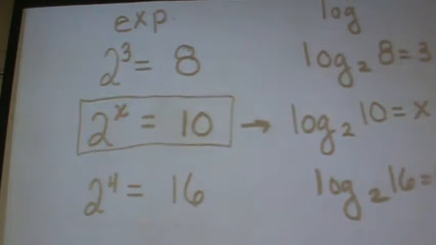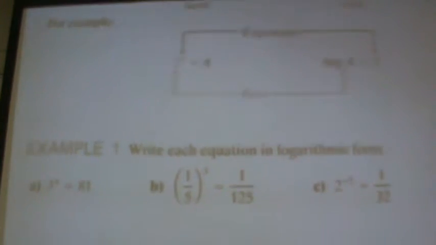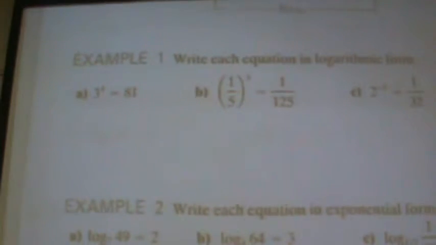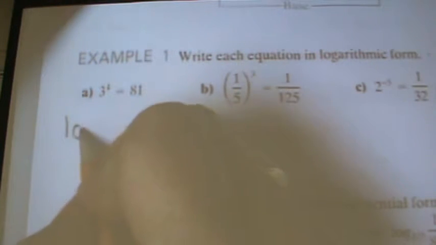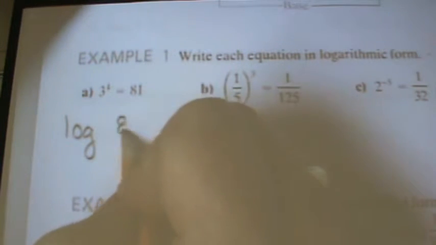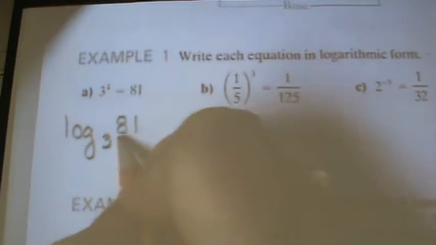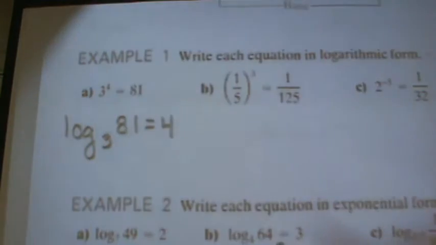So, the first objective is, are you able to write from exponential to log form? Let's practice some examples. Example 1, let's practice these 3. A, how do you write 3 to the 4th power equals 81 in log form? Log base 3 of 81 equals 4. Beautiful.